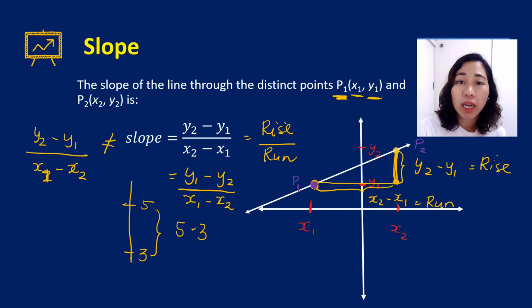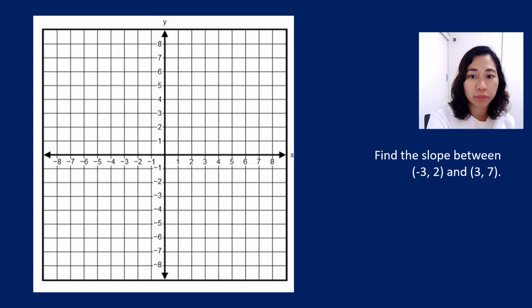From P1, I want to go to P2. How will I do that? Or from P2, I want to go to P1. This is what you need to do. You go down, rise of this one, this length, and then you go to the left.